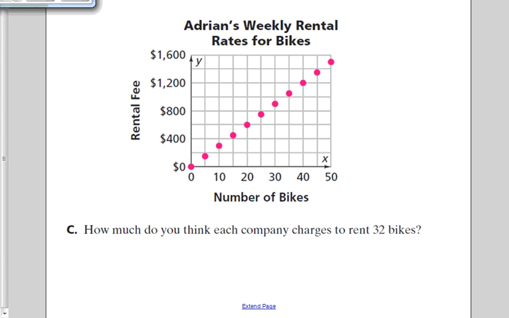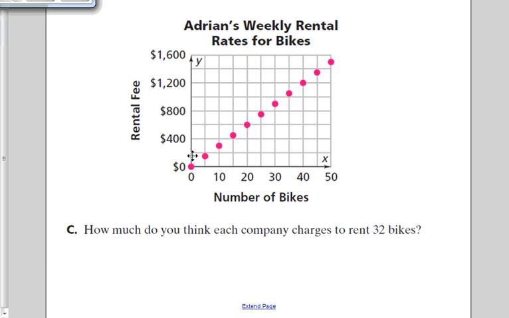All right, Adrian's Weekly Rental. This is the other bike rental store that they got a quote from. This one's obviously a little different. We see for 0 bikes, they're not going to pay anything, 0 down. Of course. But for 5 bikes, because this is 0 to 10, the 5 is squeezed in right here. This is 0 to 400, so right at this line is obviously 200.